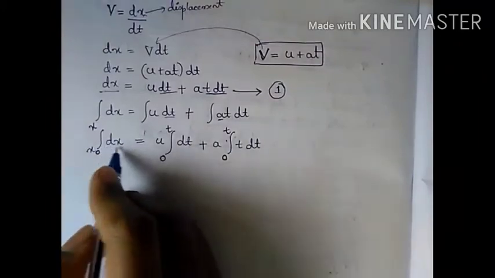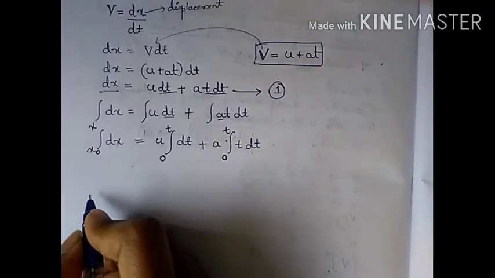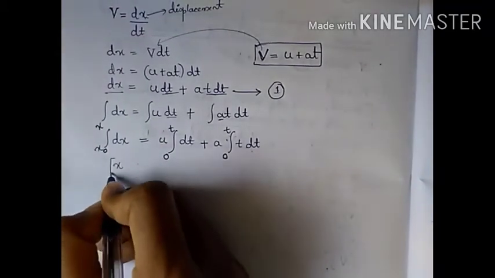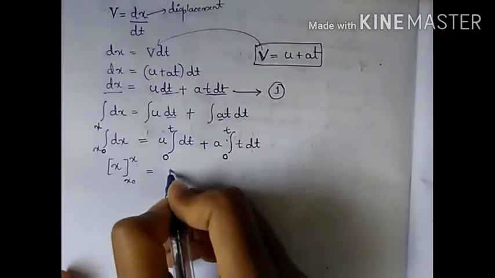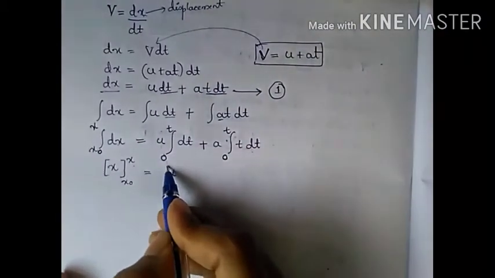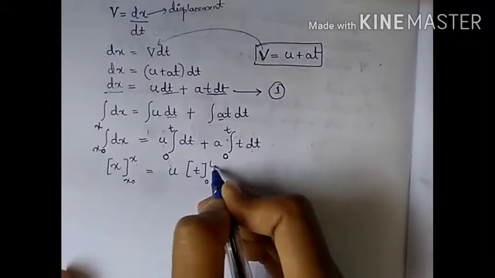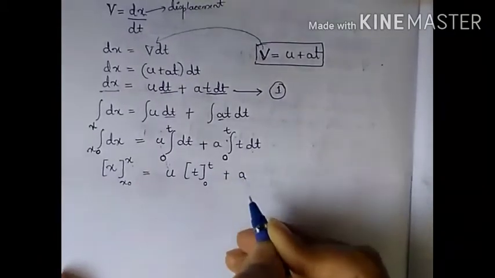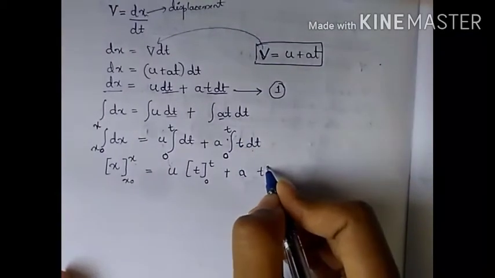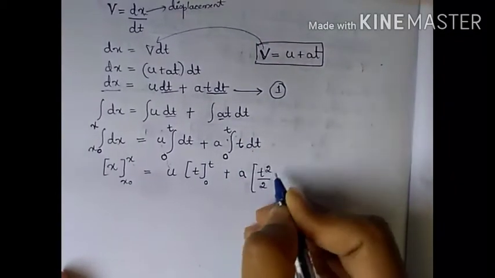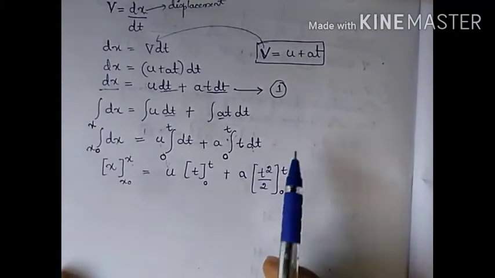Let us integrate this equation now. If you integrate dx, you get x with limits x naught to x. So u remains as usual. Integration of dt will give t, with limits 0 to t, plus a as usual. Integration of t dt will give t square by 2, with the limits 0 to t.